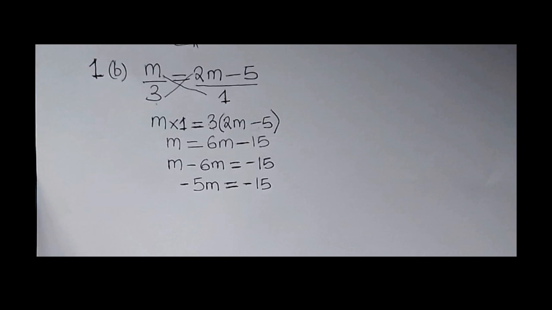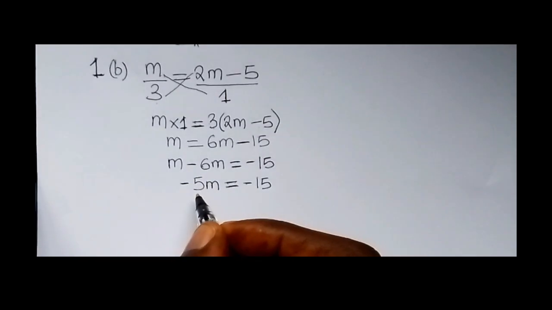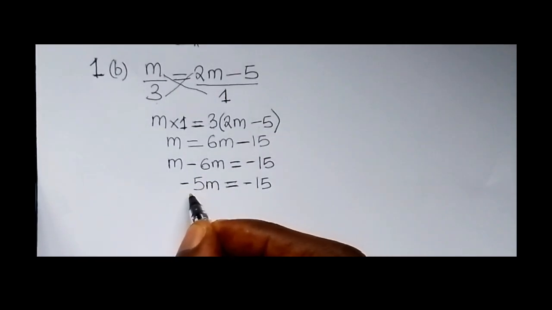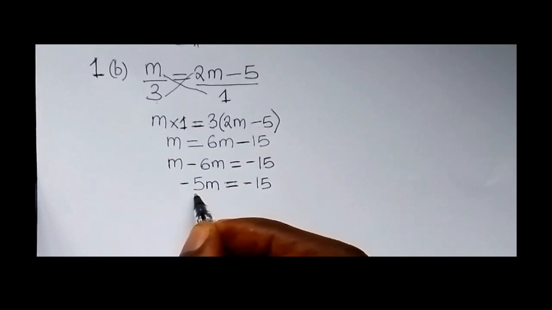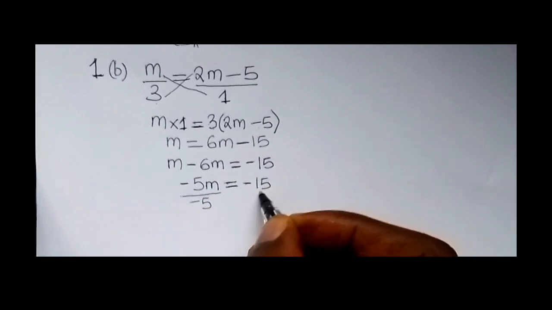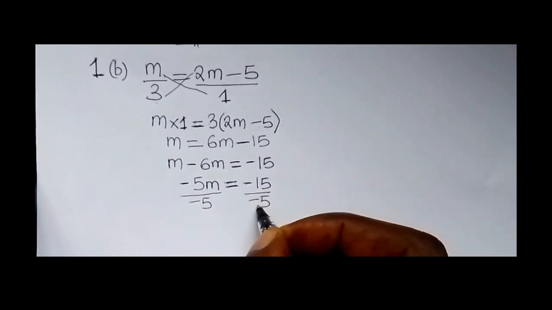We want to find m. Solving this equation means that we want to find m, so to do that we have to divide through by negative 5 both sides. Since negative 5 is the coefficient of m, we divide through by negative 5 both sides.